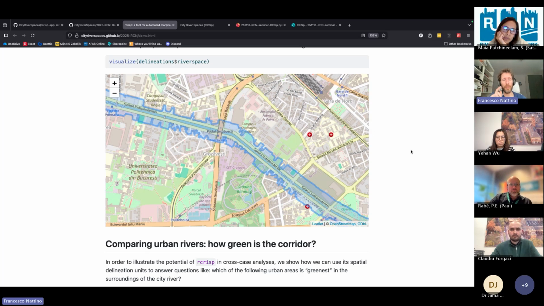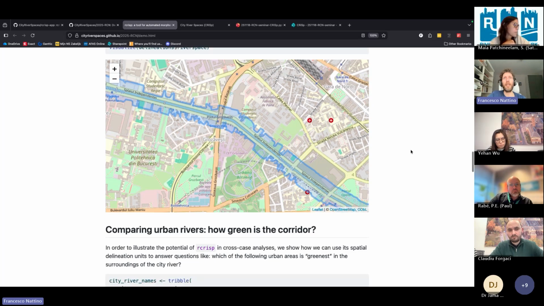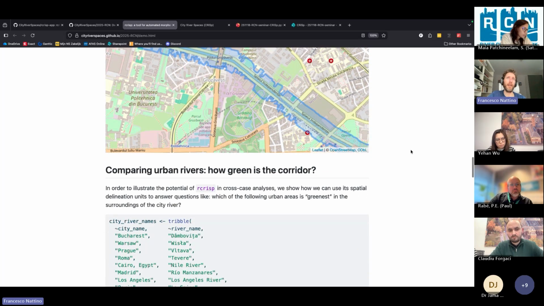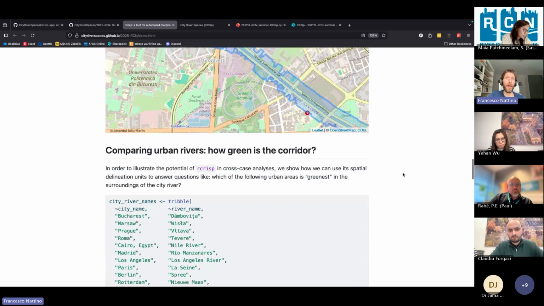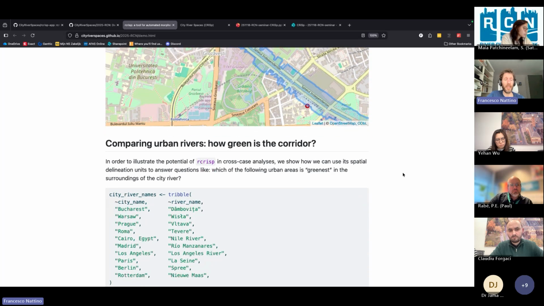I will show you an example of how one of these units, especially the corridor, can be used to answer a research question. And in this case, I'm looking at the amount of green space in the surrounding of the river.